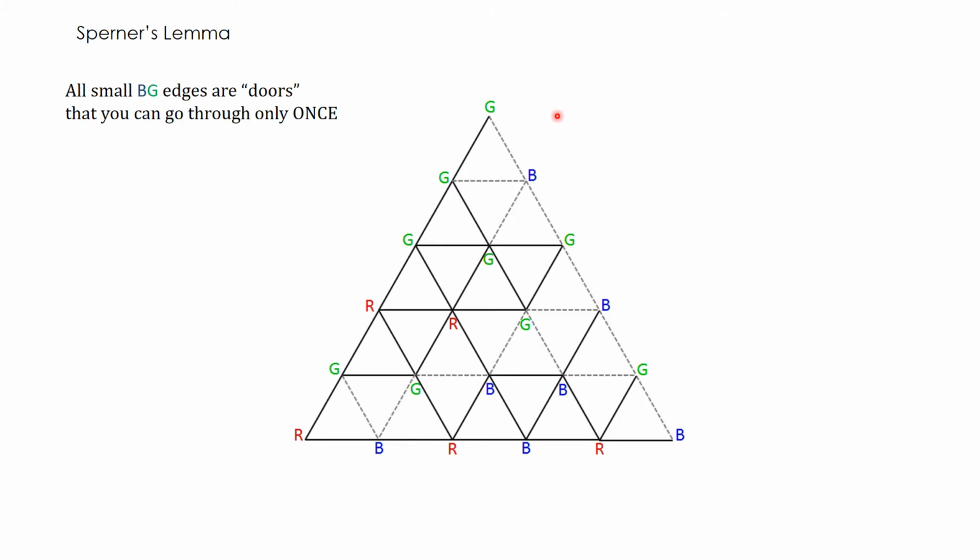So consider only this large BG edge. Now, all the smaller BG edges are doors, and I have colored these doors using dotted lines. So these are the doors. Consider this large edge.